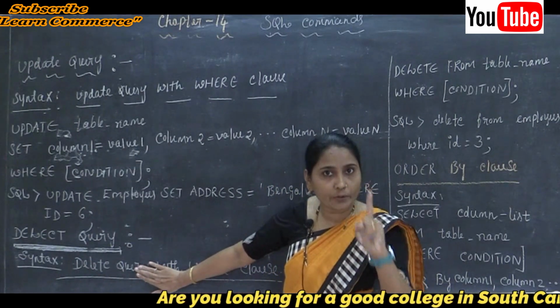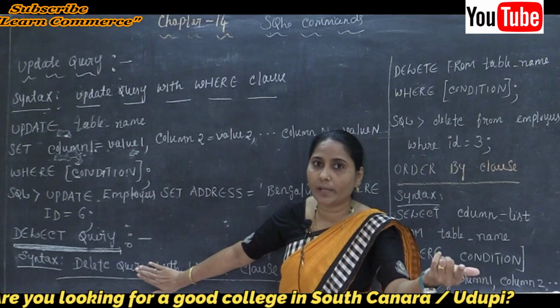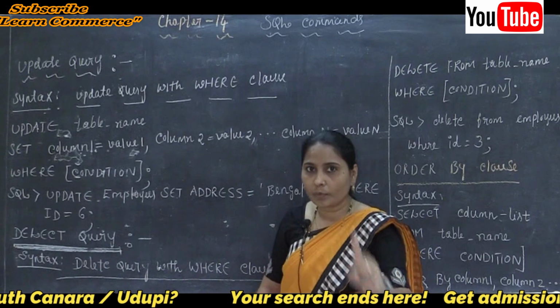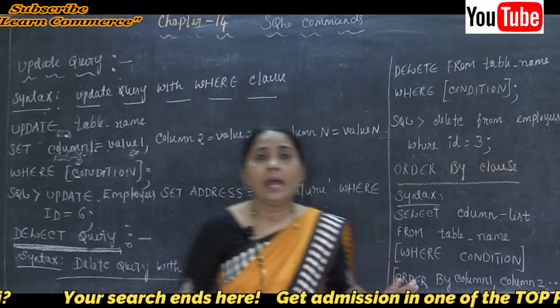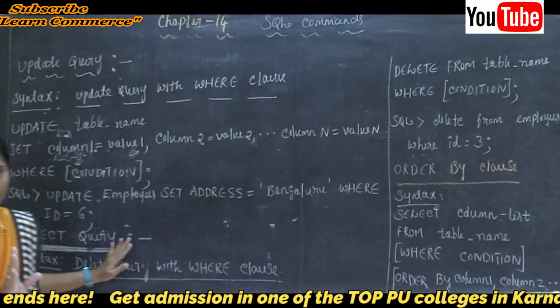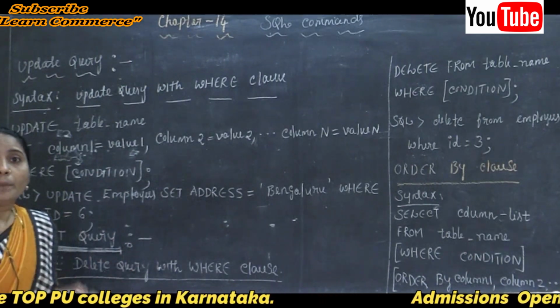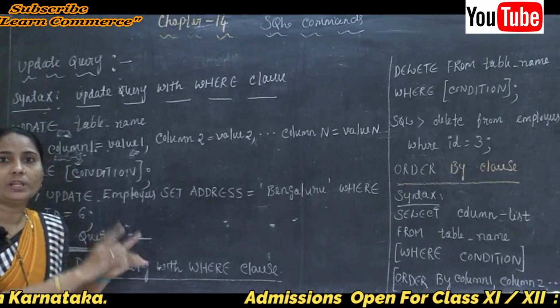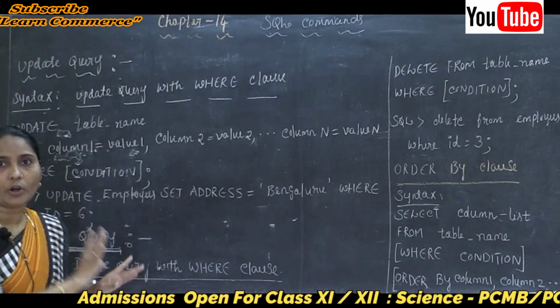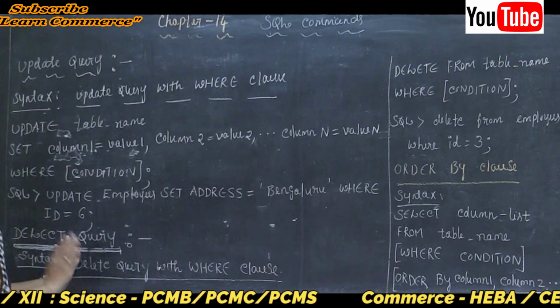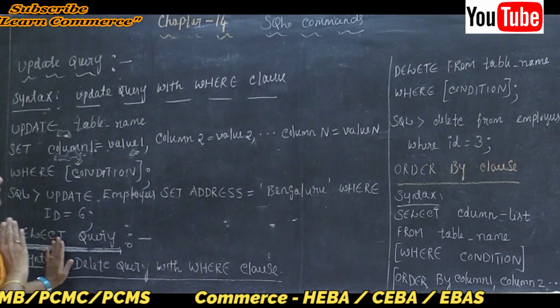If you use the WHERE clause with the delete query, it deletes only the selected rows, otherwise all the rows would be affected. If you do not use the WHERE clause, it will delete all the records from the table. But if you use the WHERE clause, only the particular selected record will be deleted by the delete command.